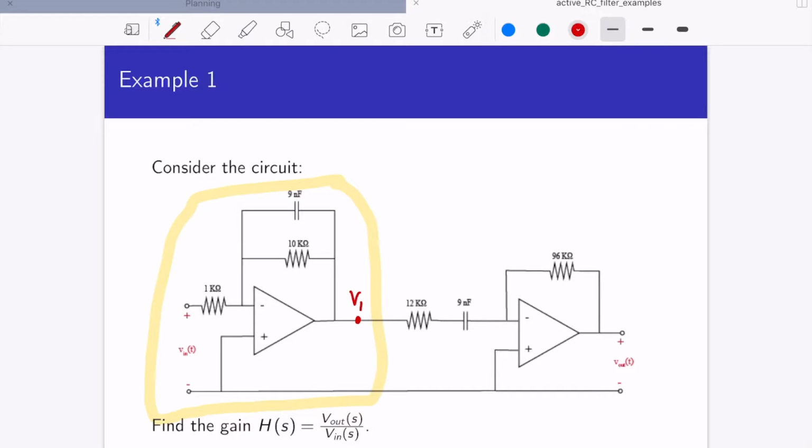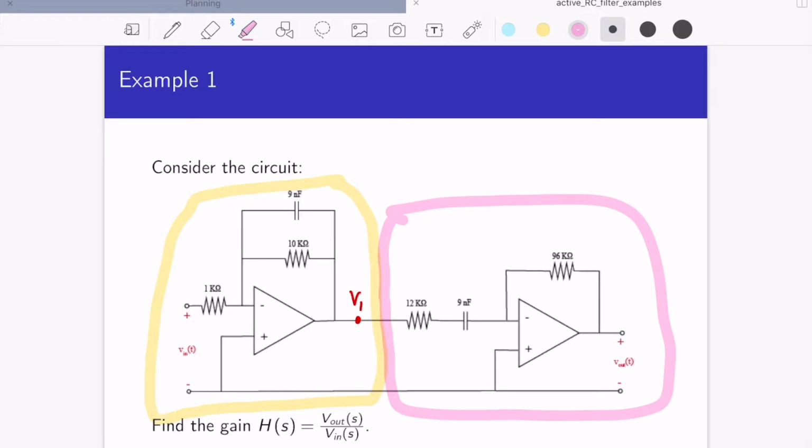And then we're going to look at another block going from V1 to V out. So if we can do that, we can write H of S is equal to V out of S over V1 of S times V1 of S over Vn of S, and that will give us our desired gain.